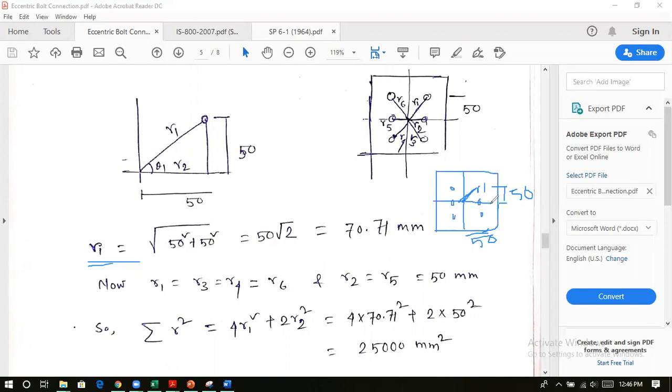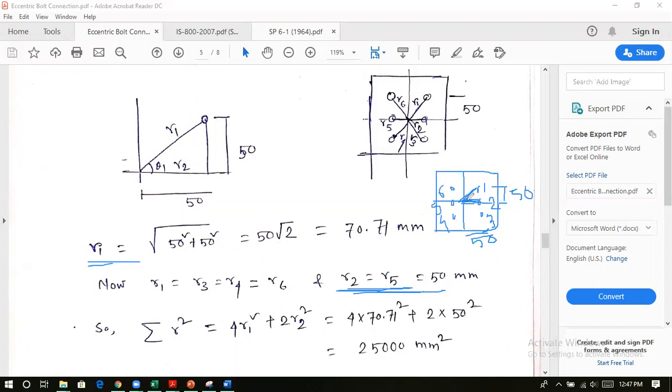This is the number 1 bolt. This will be number 2. Number 2, the radial distance of the second bolt from the centroid of the bolt group, will be simply this value. This will be simply 50, and this value will be equal to this value as well. So simply you can number them 3, 4, 5, 6.